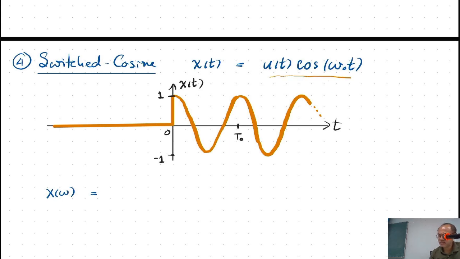This is just a modulation between u and cosine. So when we do modulation, we have 1/2 of the Fourier transform of u shifted to the right and shifted to the left, right? So we have this.